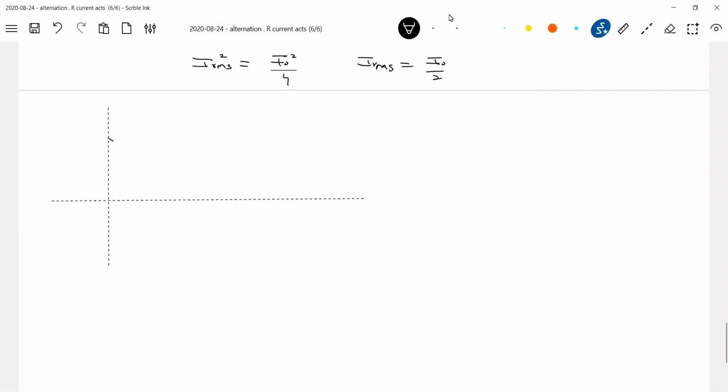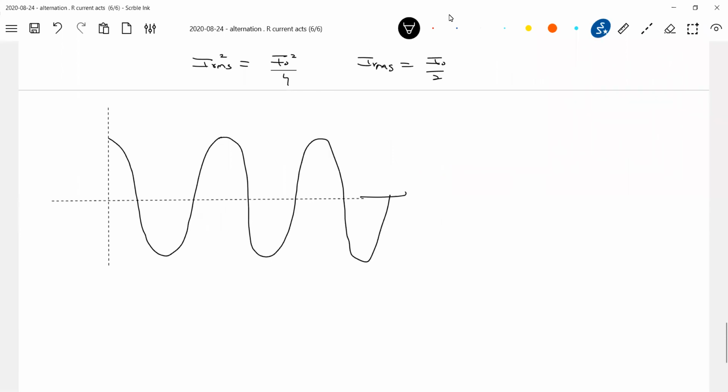So let me bring in the cosine wave. What about the RMS value for this?